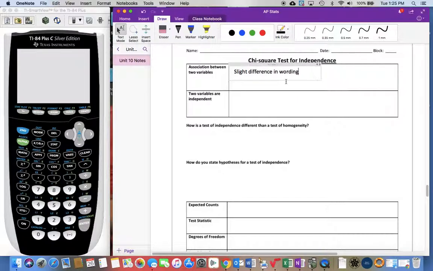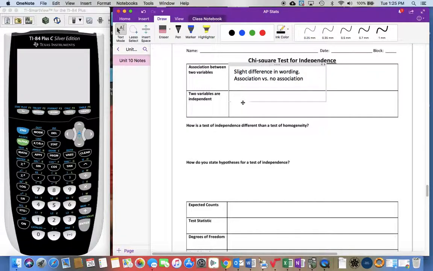What you're really going to be testing is this idea of association versus no association. So that's going to be kind of the first thing that's different, that idea of association versus no association instead of comparing two distributions, which is what we've been doing with chi-squared for homogeneity.